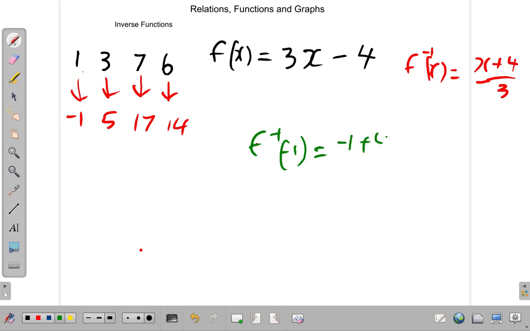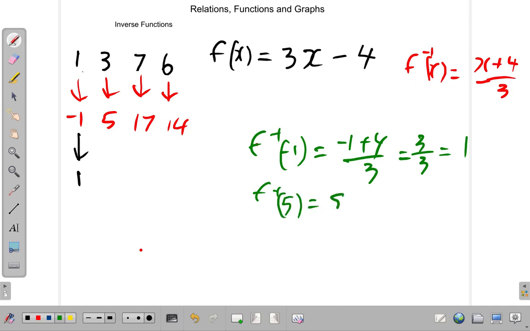Negative 1 plus 4 is 3. 3 divided by 3 is 1. So, out from this comes 1. Let's use the 5 now. F inverse of 5 is 5 plus 4 divided by 3, which is 9 divided by 3, which is 3. So from the 5, we have 3.